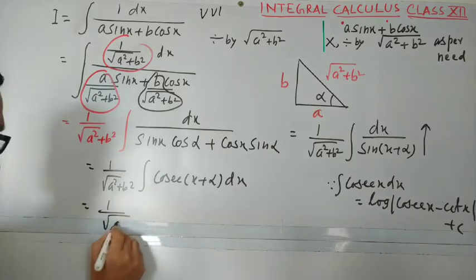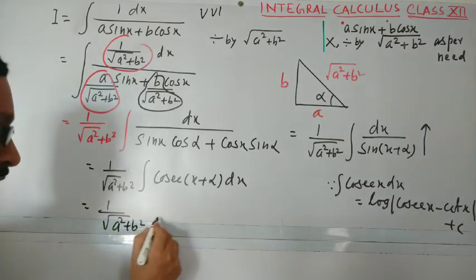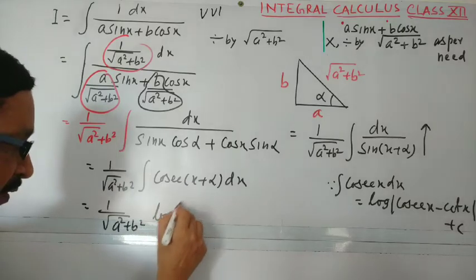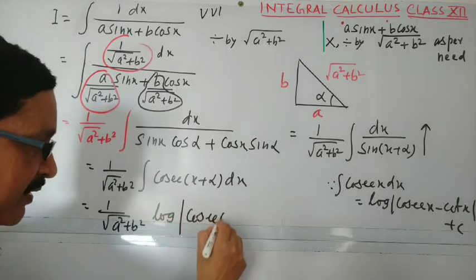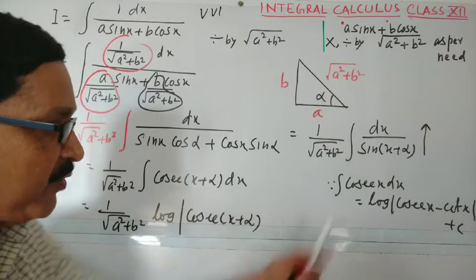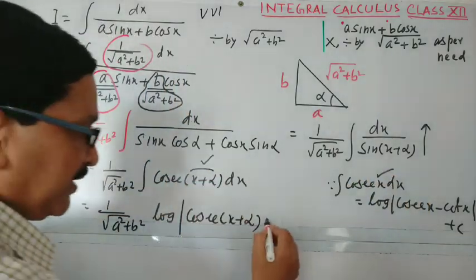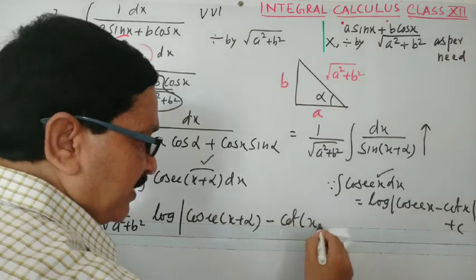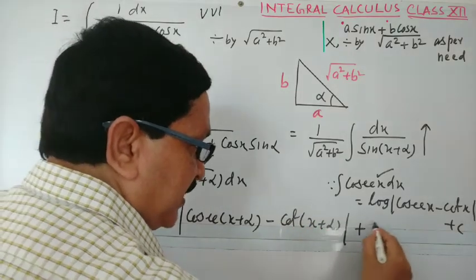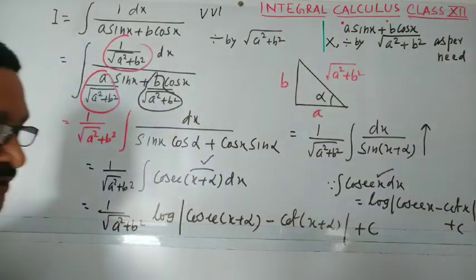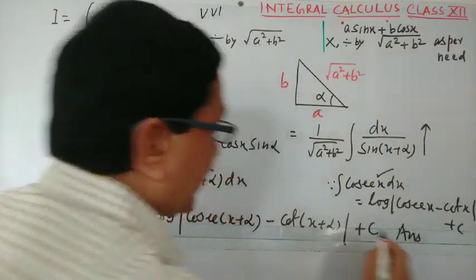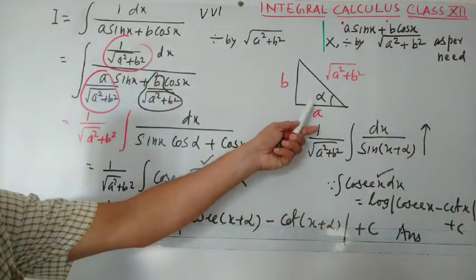This is 1 by root over a square plus b square, and then log cosec x plus alpha. In place of x, we have got x plus alpha, minus cot x plus alpha, plus c, constant of integration. This is your answer, where alpha is calculated from this triangle.